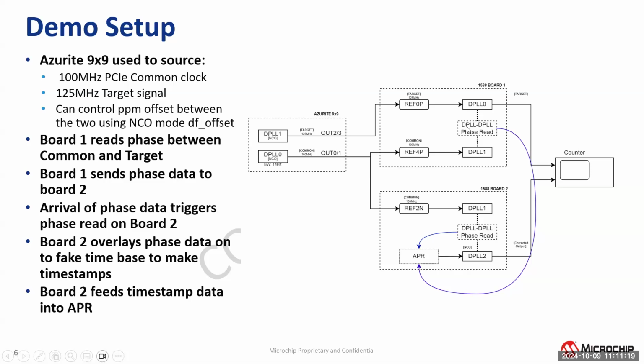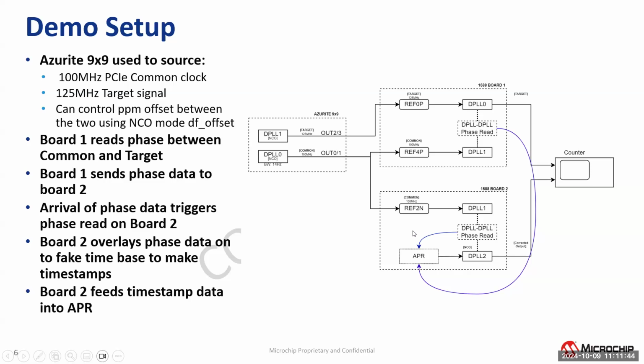So I was using the feature provided by that phase differentiator to measure the phase between these two inputs, the incoming signal and the PCIe bus. And then I used Ethernet to just send a single number, which was that phase measurement, to the second board.